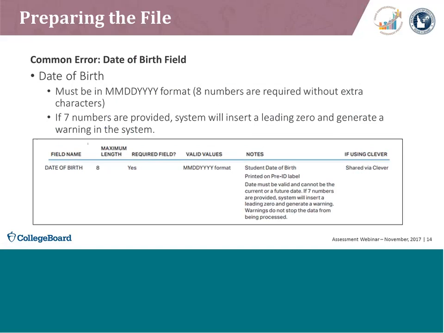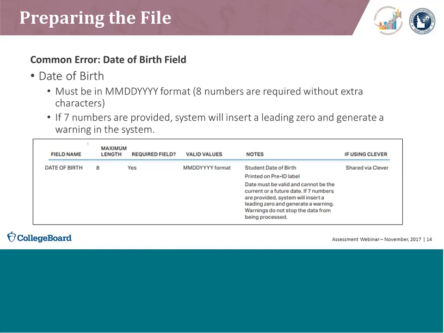One of the common errors is going to be the date of birth field. So date of birth is a required field, and the requirement is that it's 8 characters in length, and we are expecting it in a specific format.